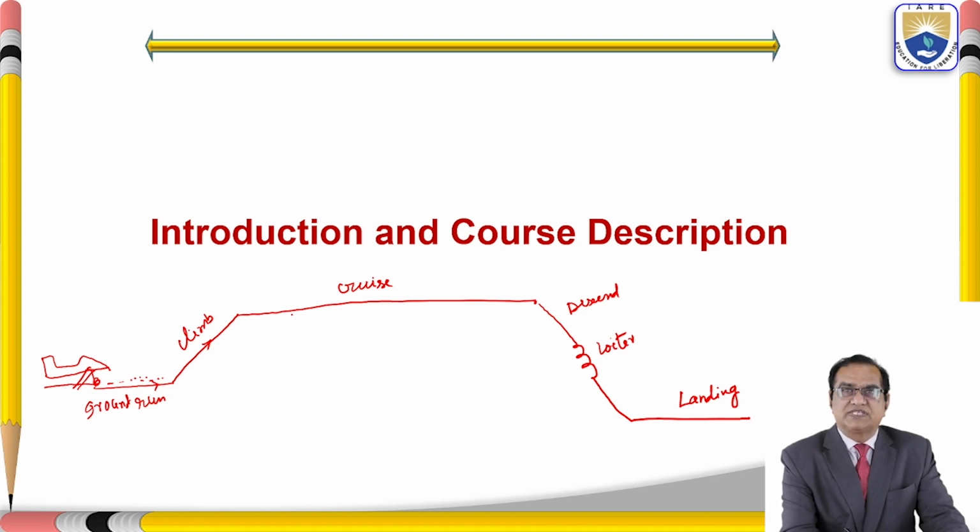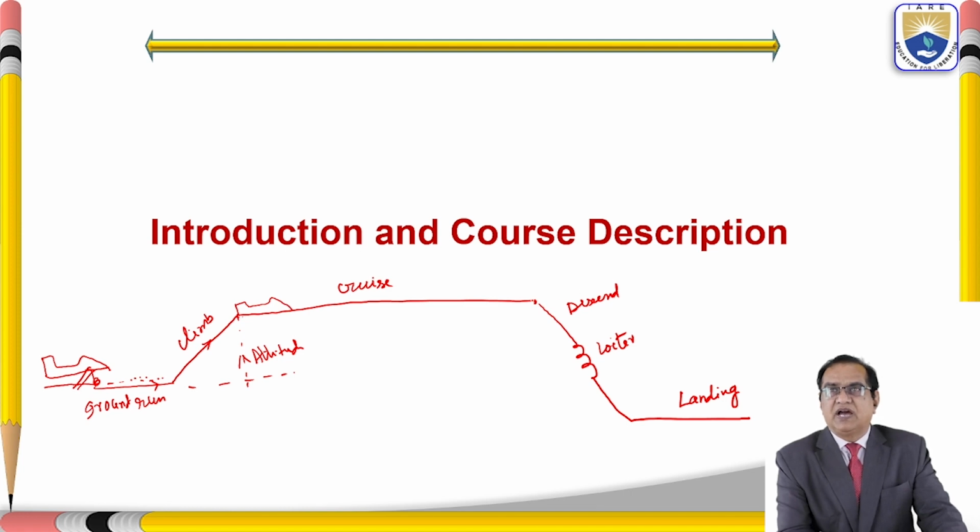This is the ground run phase. And up to a certain height, this is the altitude. It will reach a certain altitude, and after reaching here, it will maintain the same height. And in this area, more than 85 to 90% of the time the aircraft will be in the cruise condition.